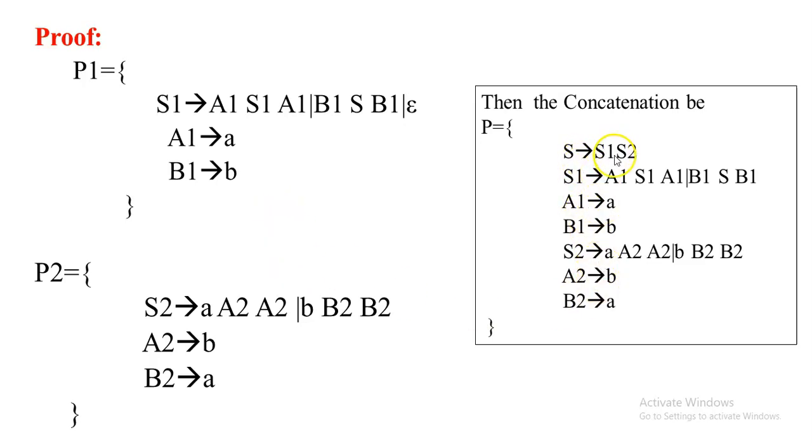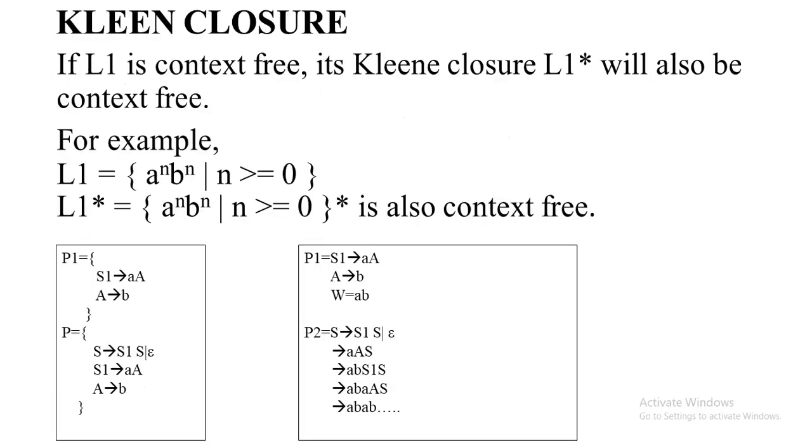For concatenation we use a dot, so S1 dot S2 combines both productions. Then we define the set of strings for S1 and for S2, and from that we generate some set of languages. That language should satisfy the condition of a context-free language.